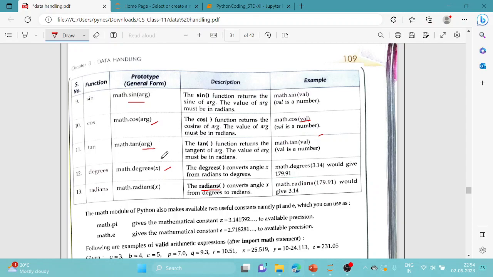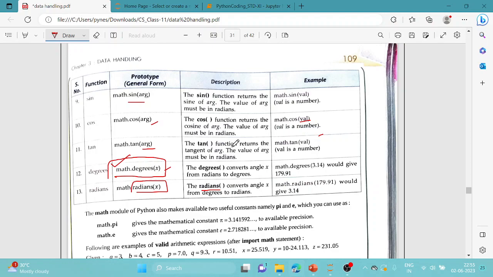So if I have a value in degrees, I have to convert it into radians, and for that we have the radians function. Mind it, all of these functions are inside the math module. The general syntax is math.degrees, math.radians, math.sin, like this.